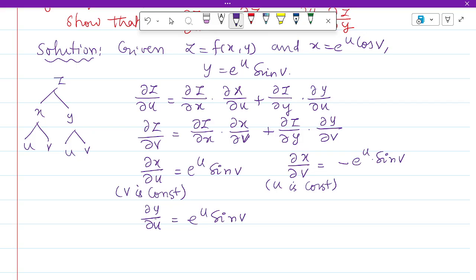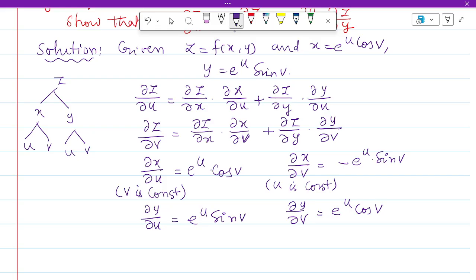Dou y by dou v is e power u cos v. So dou x by dou u is e power u cos v, dou x by dou v is minus e power u sin v, dou y by dou u is e power u sin v, and dou y by dou v is e power u cos v.